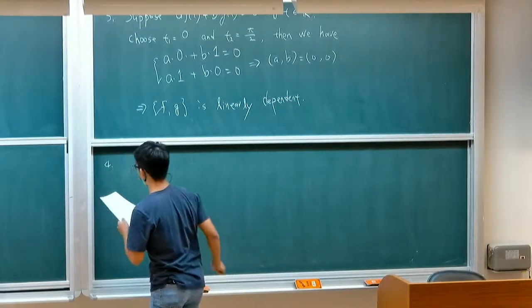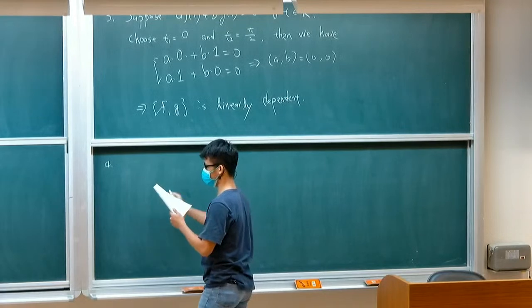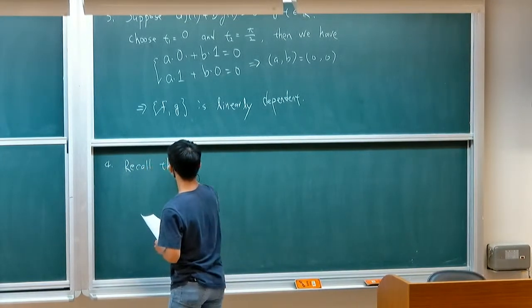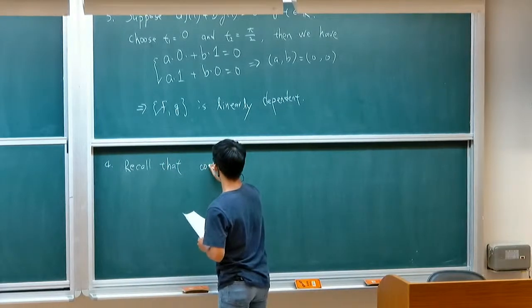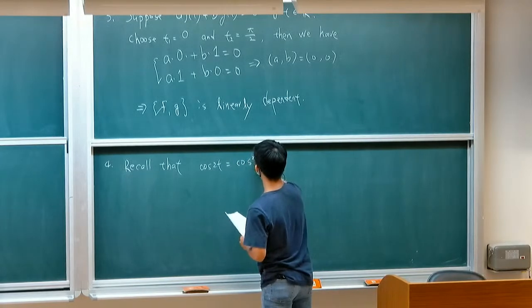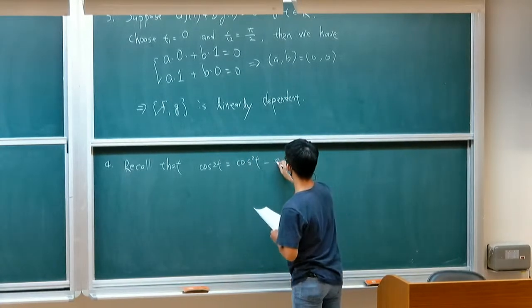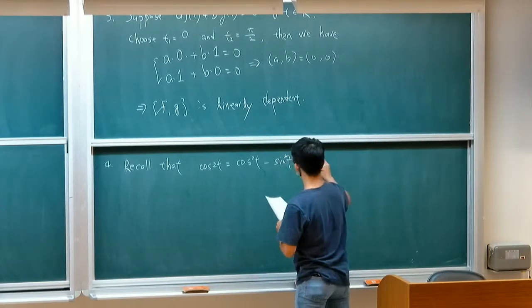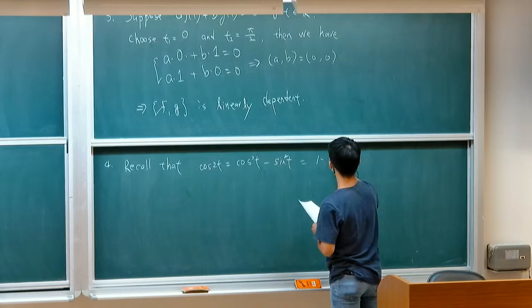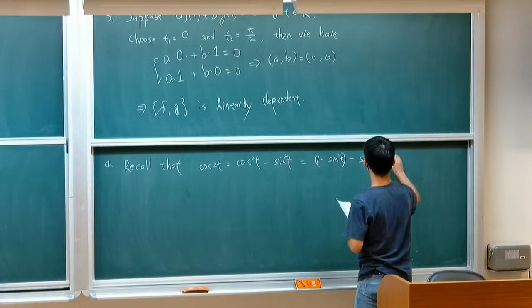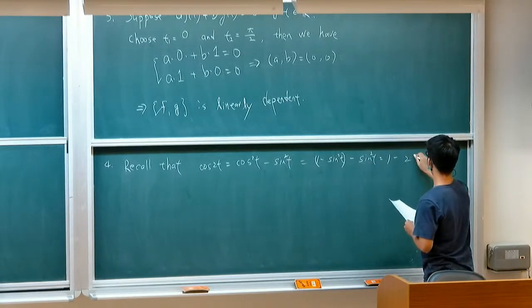Let's go to exercise 4. First, we recall that cosine 2t equals cosine t squared minus sine t squared, and it is 1 minus sine t squared minus sine t squared equals 1 minus 2 sine t squared.